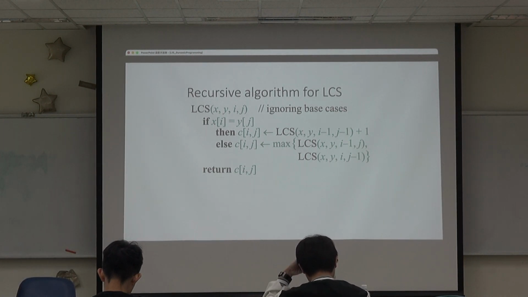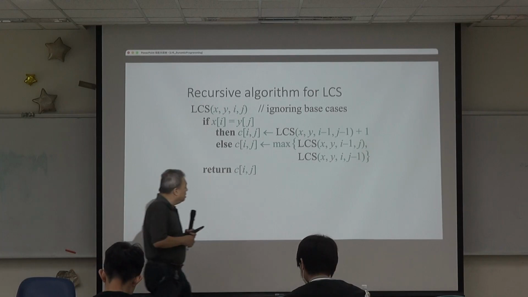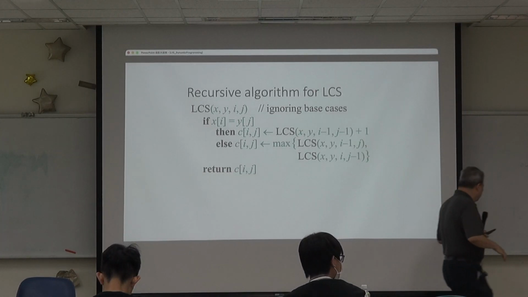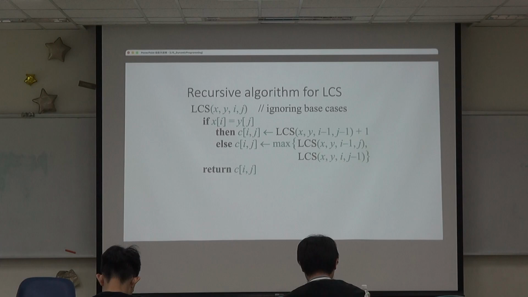We start from LCS of n, n, right? When you call this procedure, of course you pass x and y, and initially you pass n to i, n to j, right?